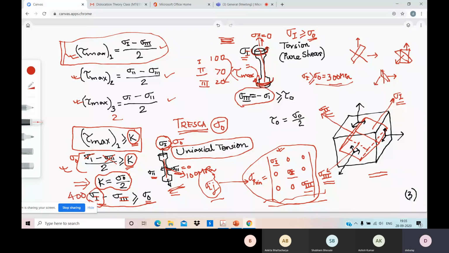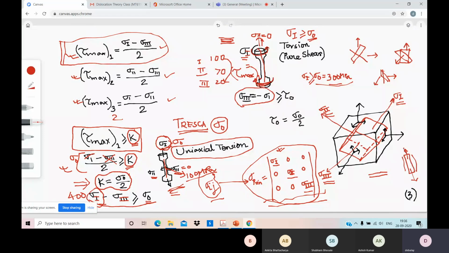So simply if you introduce one more stress, sigma 3 or sigma 2, 200 or sigma 3, 300, you will find your applied stress needs to increase to cause yielding. And why is it happening? Because when you are deforming a body, for yielding to occur, it has to increase its length, and to increase its length, it has to contract in the other two directions.